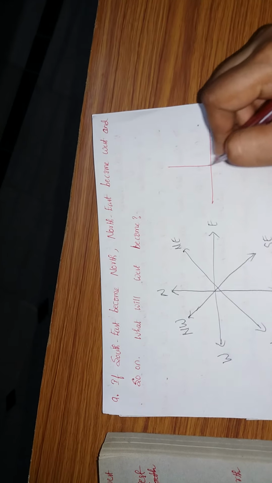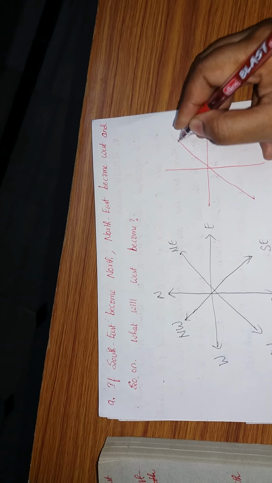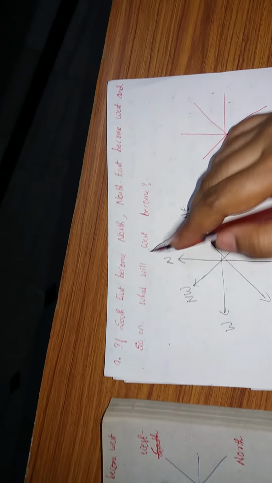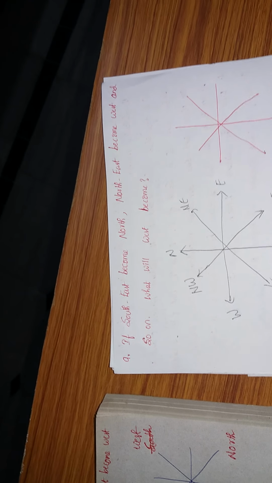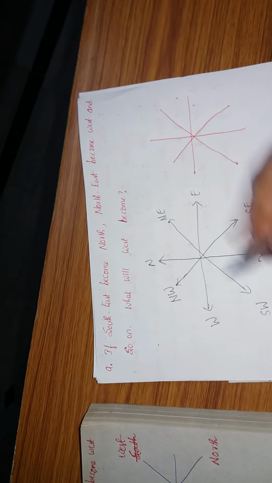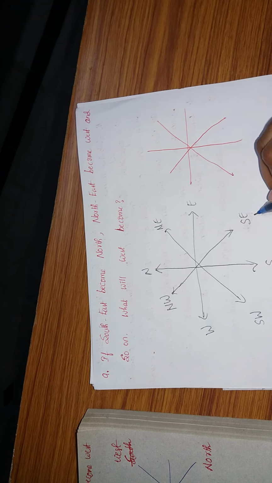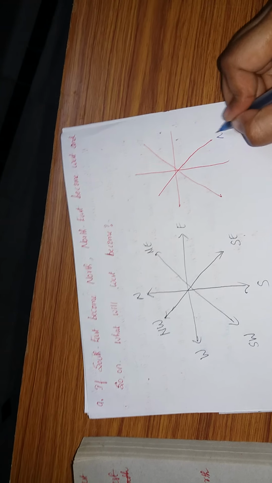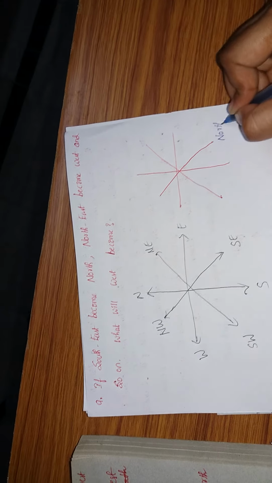So we have to draw another diagram. What is given? Southeast becomes north. Here is the southeast. Southeast becomes north.